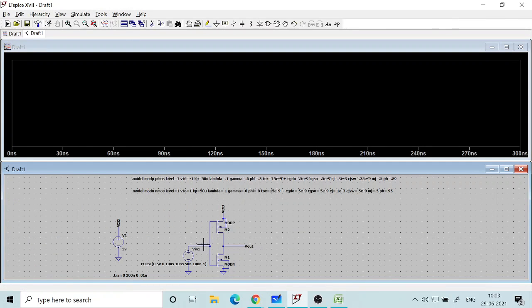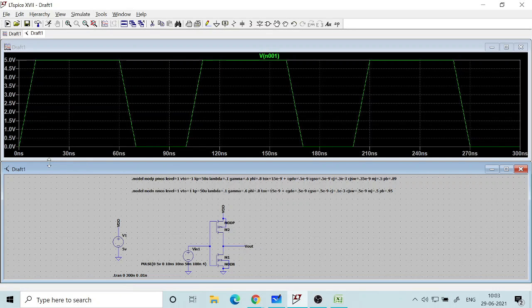So let's see the input. As you can see, the x-axis is at a much slower rate. It takes 10 nanosecond to rise to 5 volt, and 10 nanosecond from 5 volt to 0 volt. So this is the input that I am giving, and now what I am going to plot is the current that is flowing into the drain terminal of the NMOS.